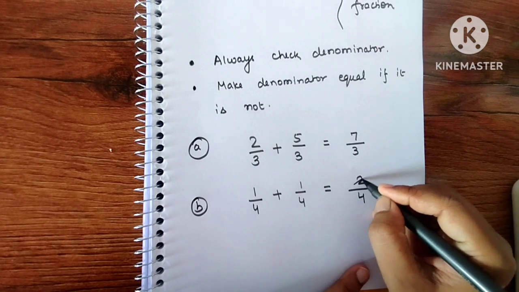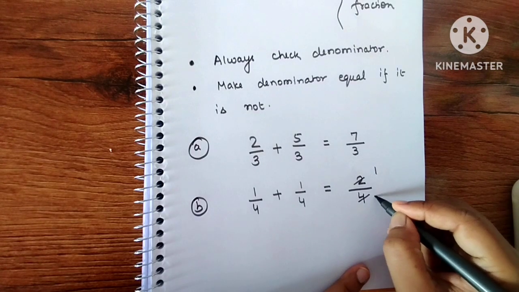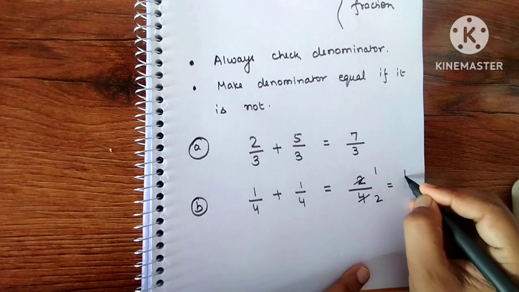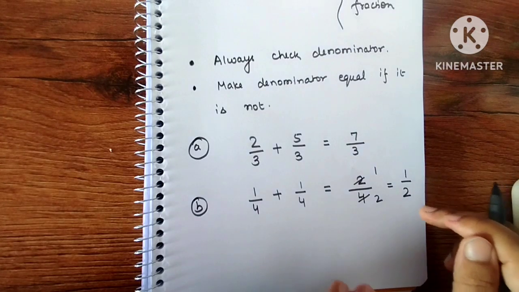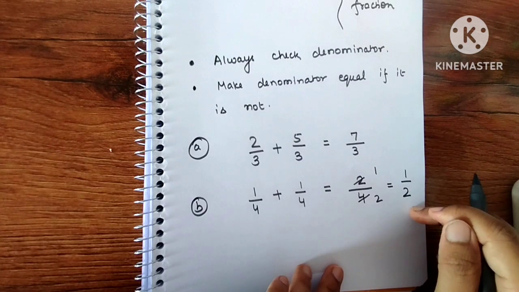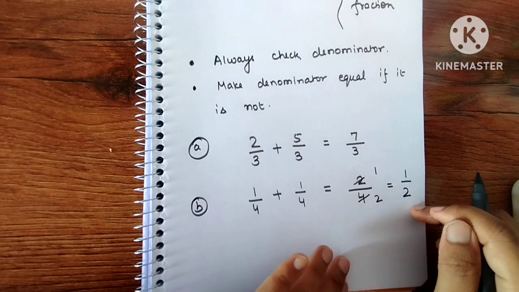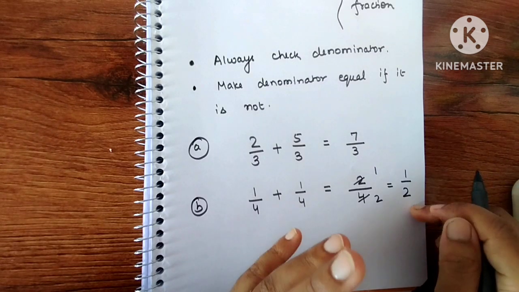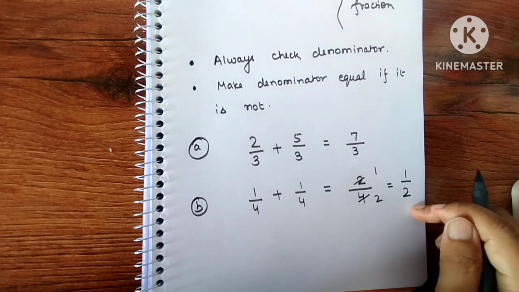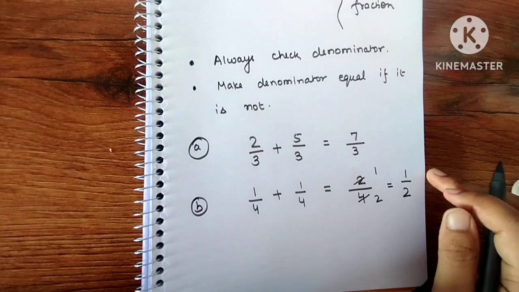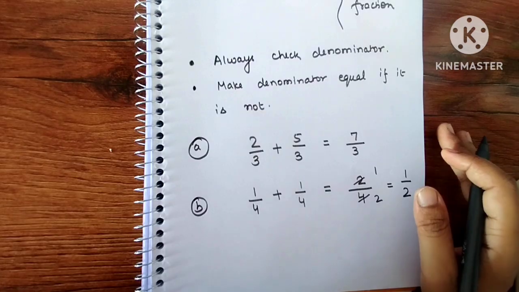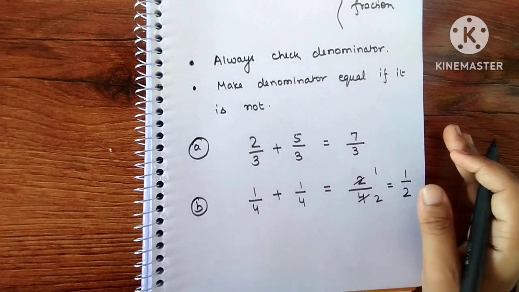So we divide them. 2 ones are 2, 2 twos are 4. So my answer is 1 upon 2. Doing this is very important. If you do not complete your answer till here, it will not be considered a correct answer.